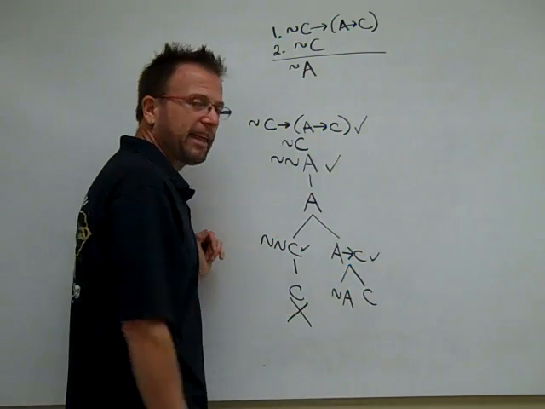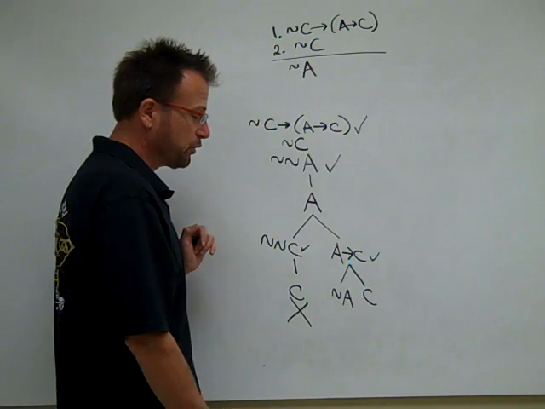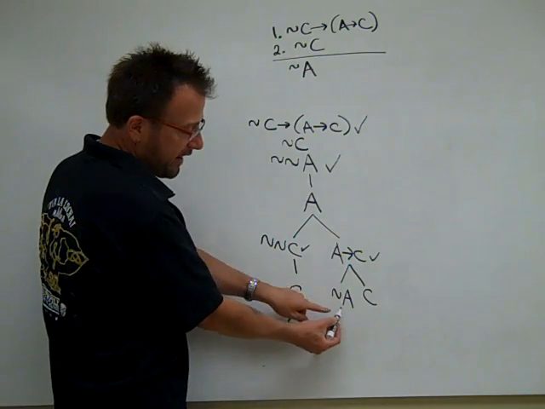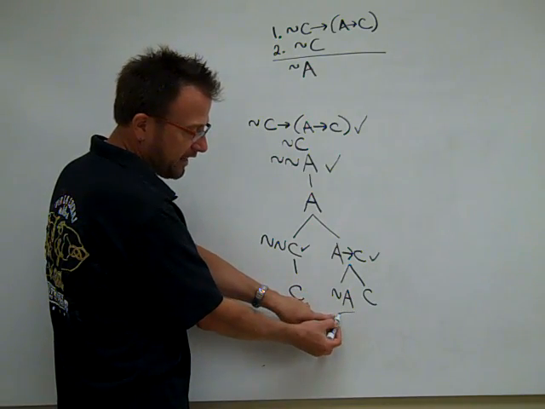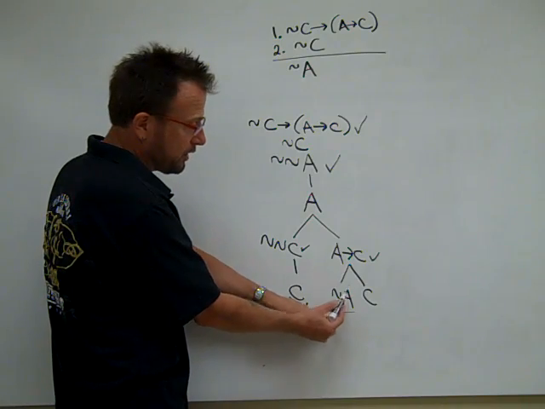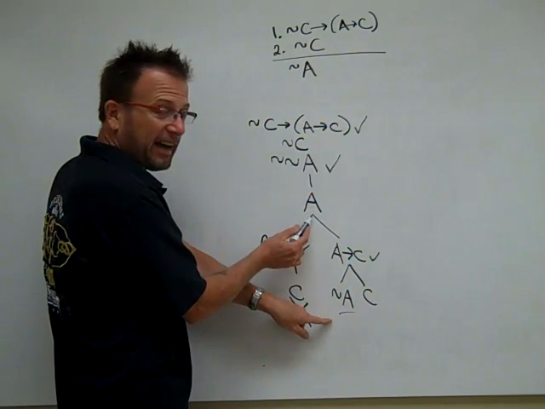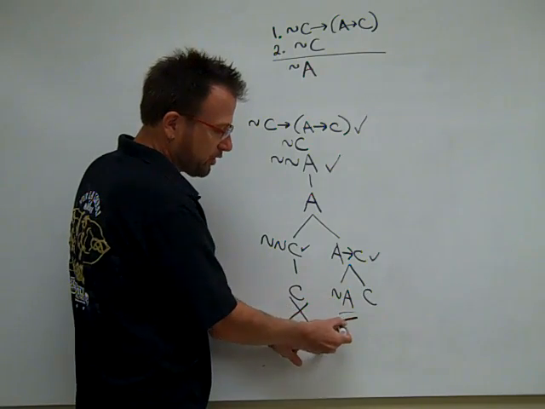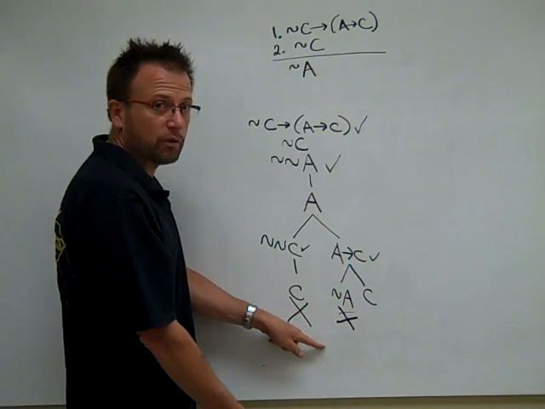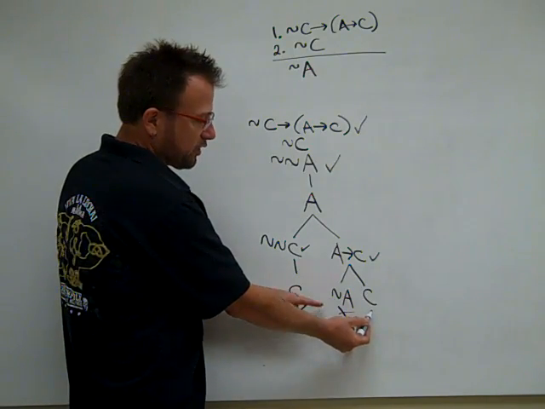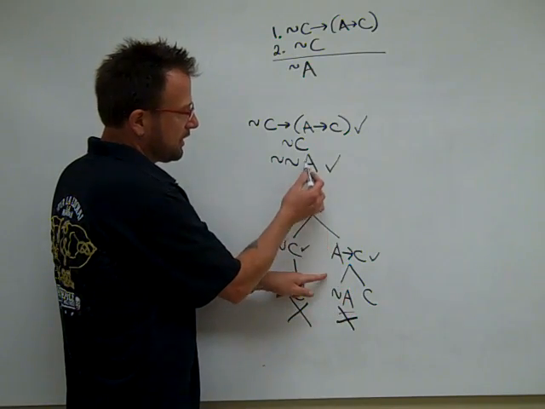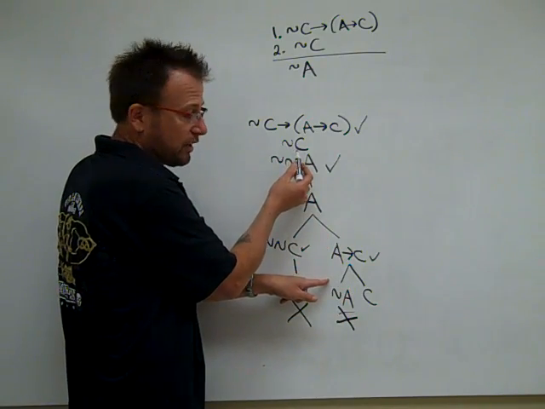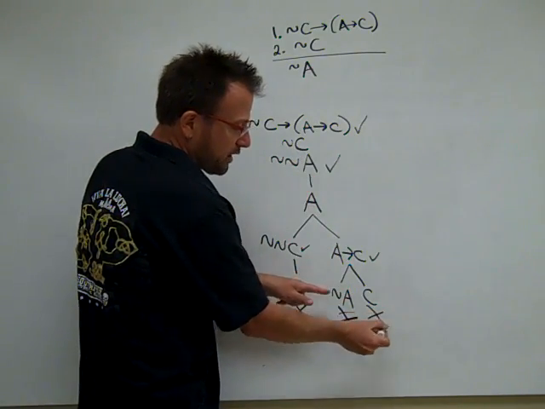I've now unpacked that one to its bare truth conditions. Notice here now when I trace this up, I have not A asserted as true, when just two lines above it, I have A asserted as true. That's a direct contradiction, so that tree closes. Here I have C asserted as true, and not C asserted as true, so that tree closes.